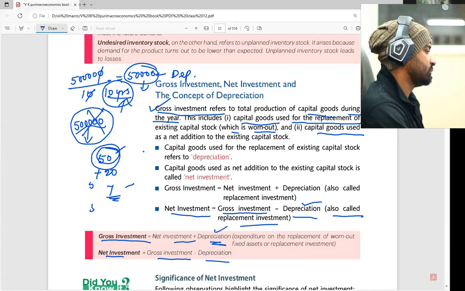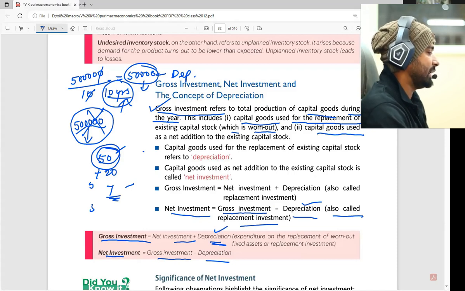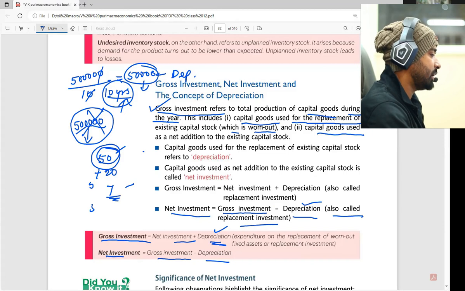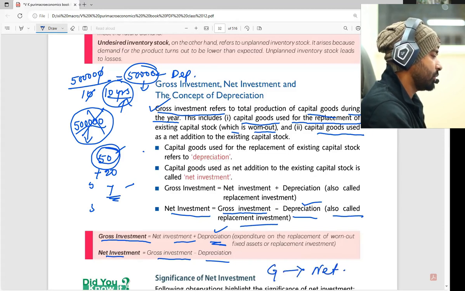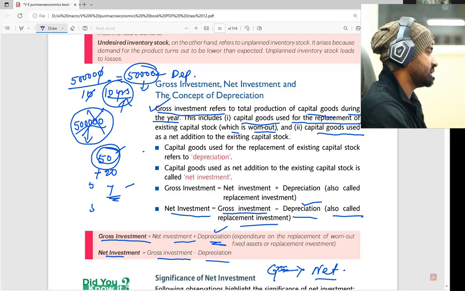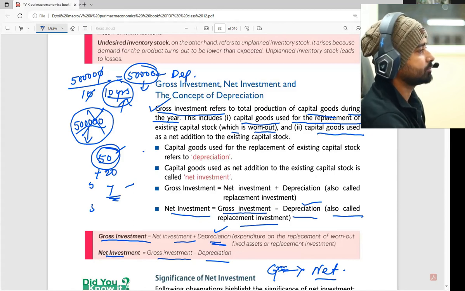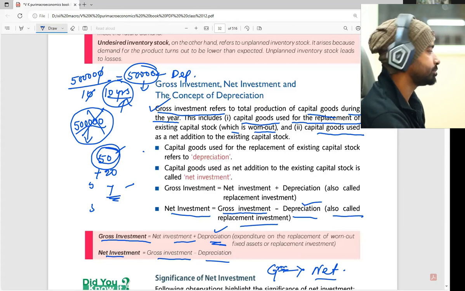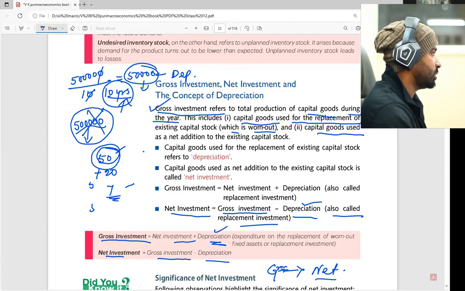Depreciation is used only for converting gross to net, or net to gross. You should remember this point. I hope it is clear. Write the two formulas quickly.